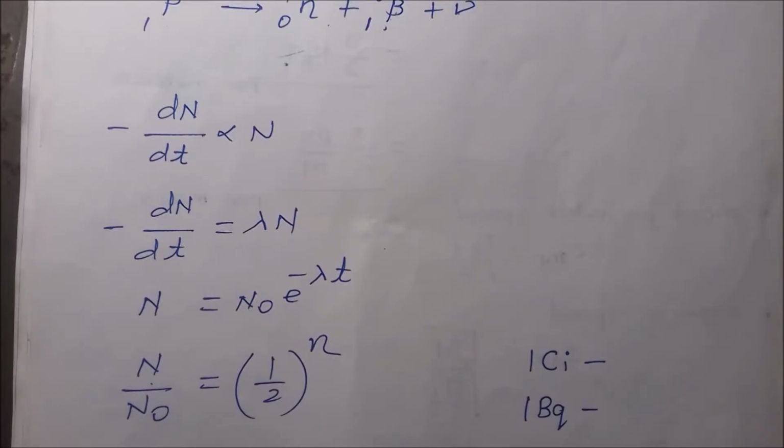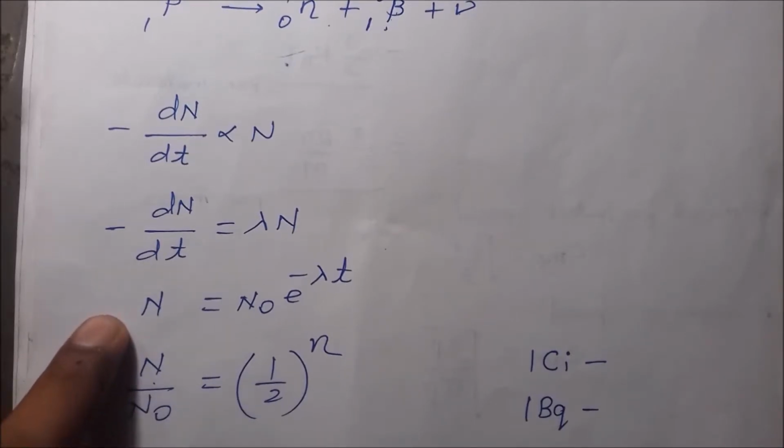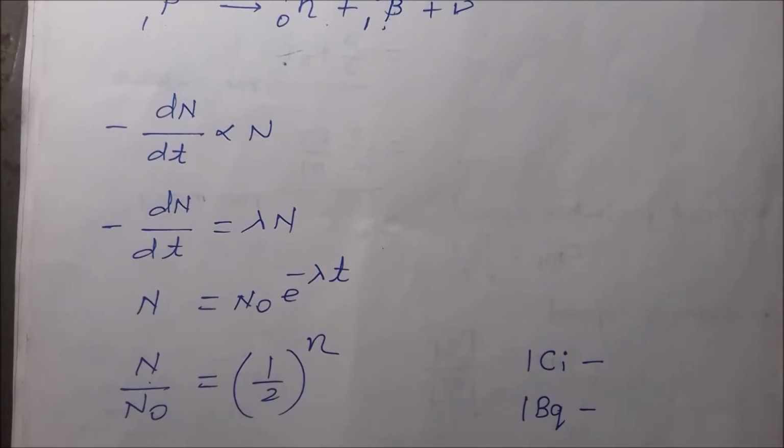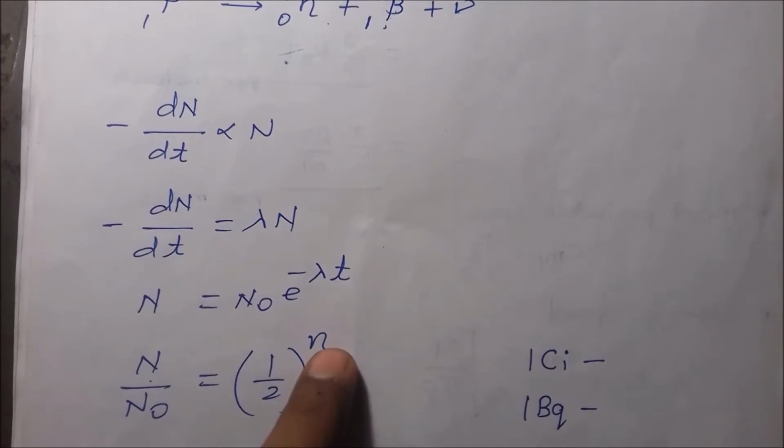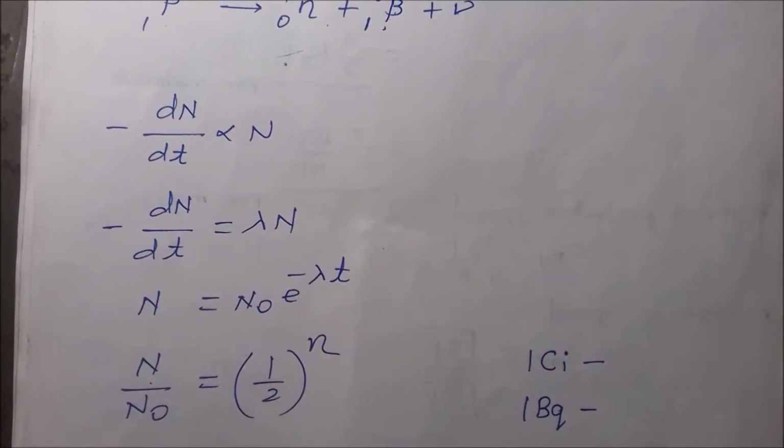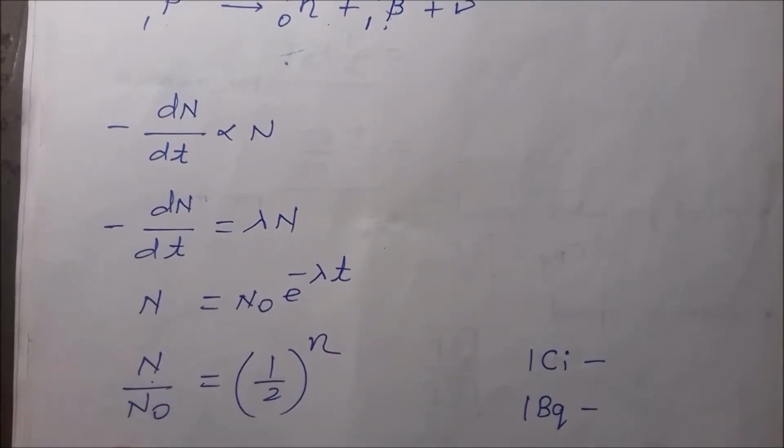Then the relation between N and N naught. There are two relations. N is equal to N naught e raised to minus lambda t, and N upon N naught is equal to half raised to n. Small n is the number of half-lives. N is the remaining number of atoms, and N naught is the initial number of atoms.